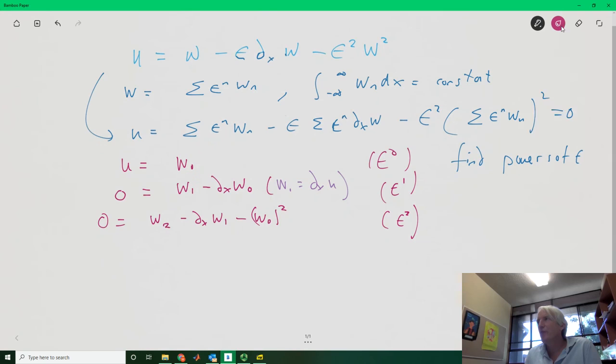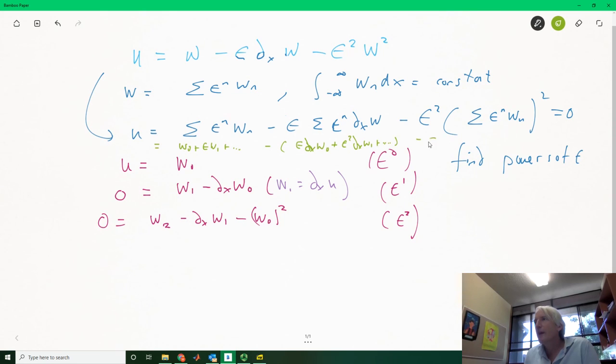Maybe it's useful if I just write those out somehow here, right? So this is going to be equal to w0 plus epsilon w1 plus dot dot dot. And then you're going to be minus, and this is going to be epsilon times the x derivative of w naught plus epsilon squared times the x derivative of w1 plus dot dot dot.